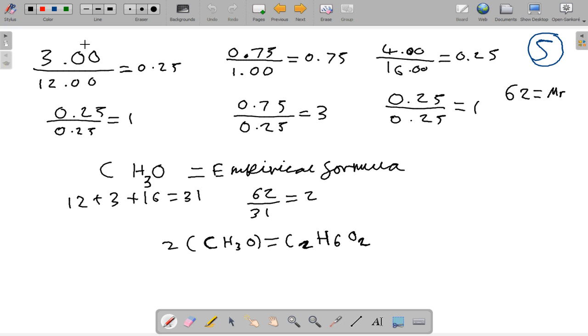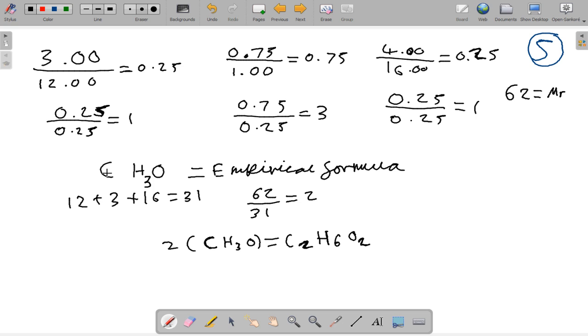3.00 over 12 is 0.25 mole, 0.75 over 1 is 0.75 mole, and 4 over 16 is 0.25 mole. 0.25 over 0.25 is 1, 0.75 over 0.25 is 3, and 0.25 over 0.25 again is 1.